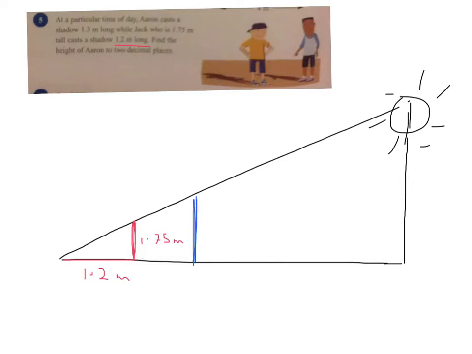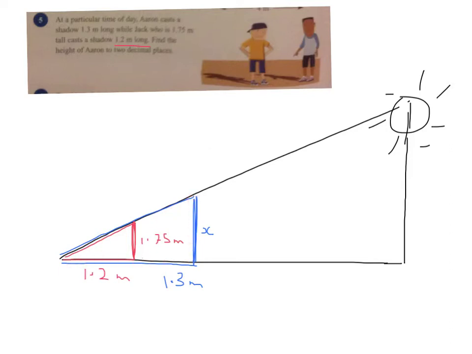Now, we've got Aaron, so when Aaron stands up, he's going to be taller. Why do I know he's taller? Because his shadow is 1.3 metres long. So this is our X. We want to find out how tall he is. And once again, we've got two triangles. We've got this one here, our smaller triangle, and our bigger one here.